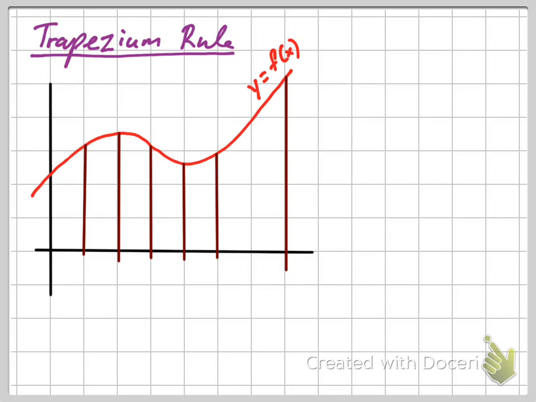These lines are called ordinates, and we label them starting with the first line as y0, and then y1, y2, y3, y4, and then the last one will be, let's say, yn, whichever it is, and the one before the last one would be y of n minus 1.